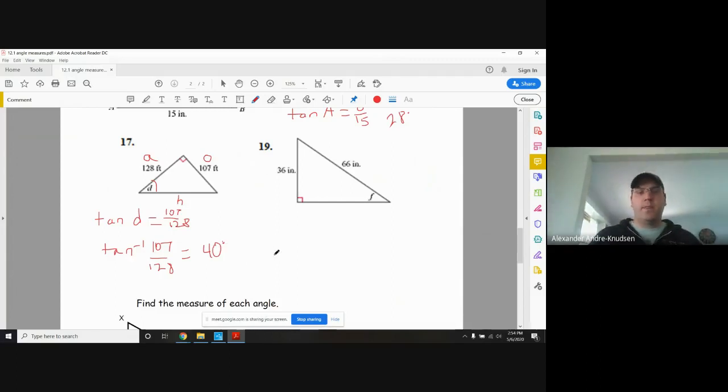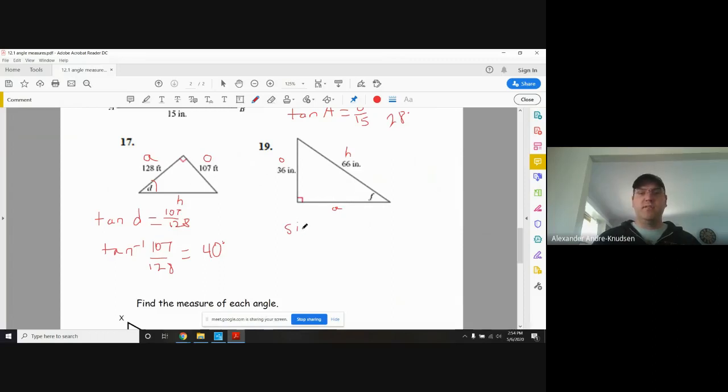Now, if we had to round, hopefully you learned your rounding, right? It would be 39.89. Okay, this angle F. So we've got our adjacent down here, opposite over here, and the hypotenuse across from our 90-degree angle. So if we're trying to find angle F, we have our opposite and hypotenuse. So we're going to use the first part, sine.